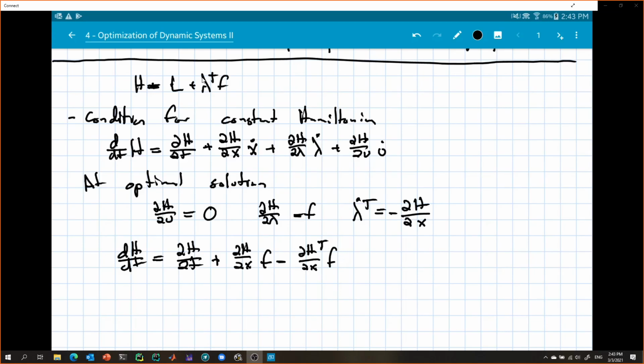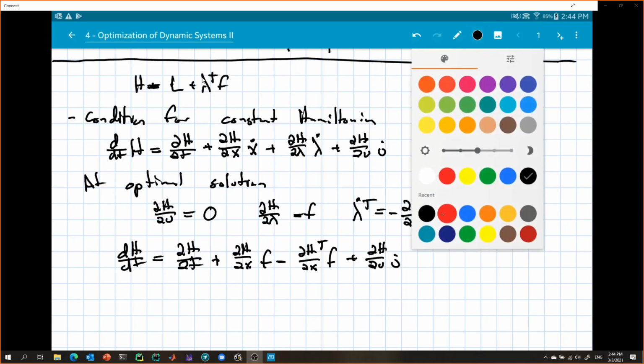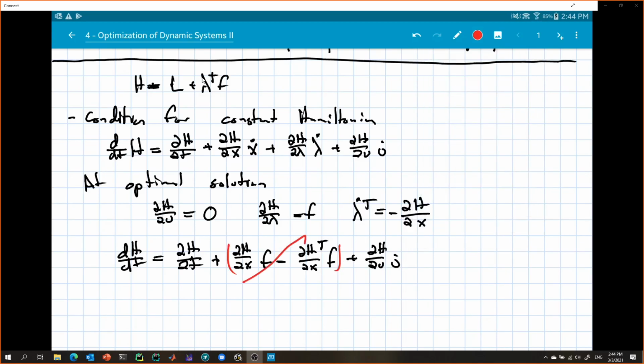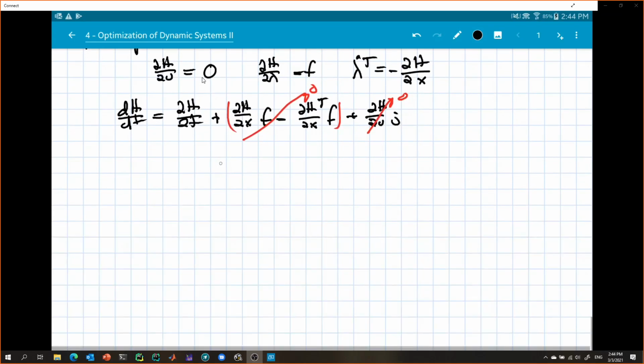So it ends up being the same. I kind of double transposed, so this is this transpose, but it's an inner product, so you could transpose the whole thing and get the same function out. So this is equal to 0, obviously this is equal to 0, and then we get the time derivative of the Hamiltonian is equal to the partial derivative of the Hamiltonian with respect to time.